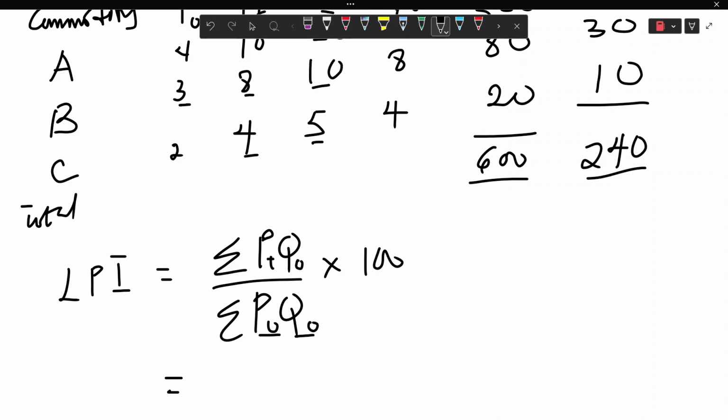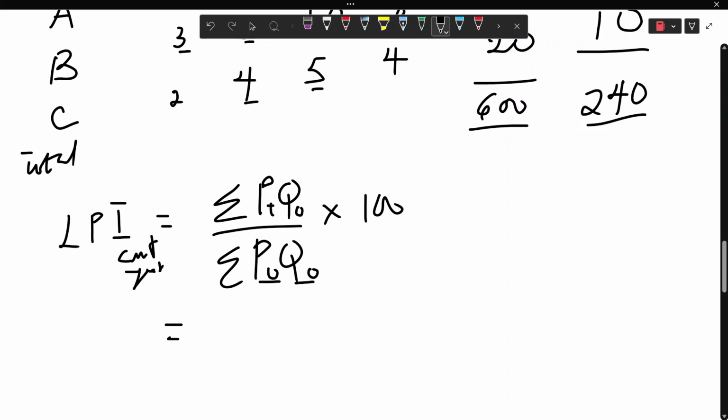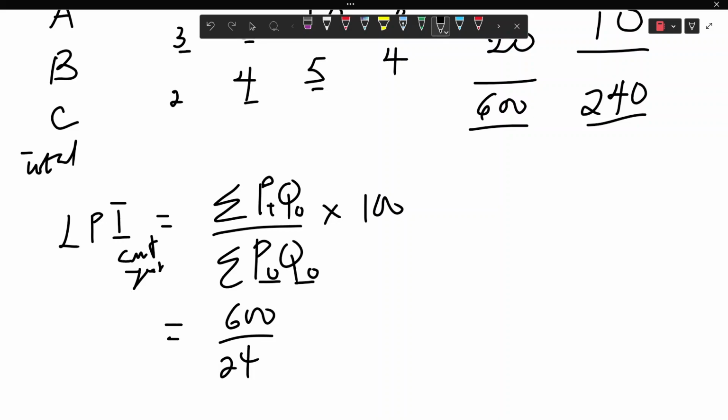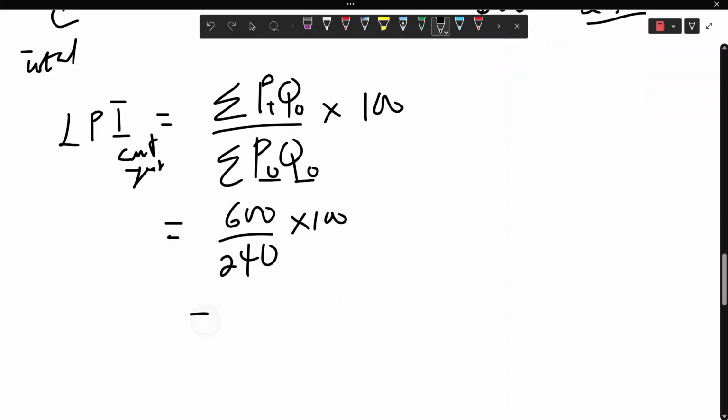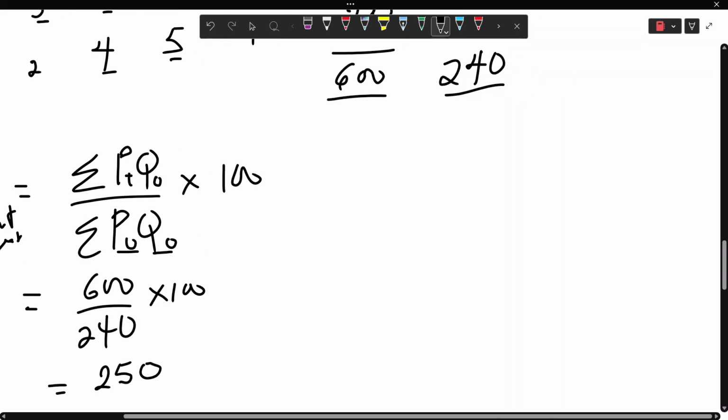So for the current year, it is equal to 600 divided by 240 times 100, which is 250.